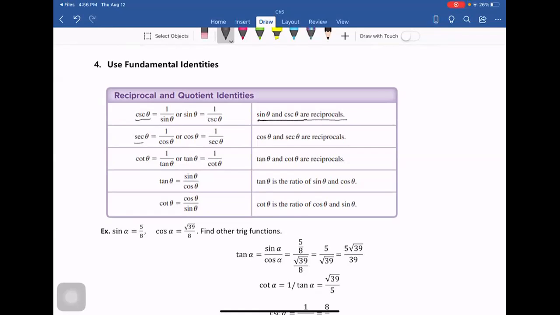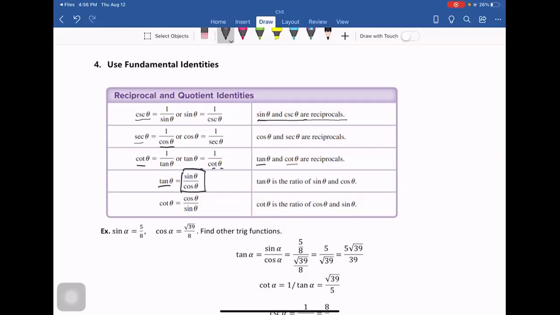And secant theta equals 1 over cosine theta, or cosine theta equals 1 over secant theta. So cosine theta and secant theta are reciprocals. And cotangent theta equals 1 over tangent theta. So you read it by yourself. So tangent theta and cotangent theta are reciprocals. And tangent theta equals sine theta over cosine theta.